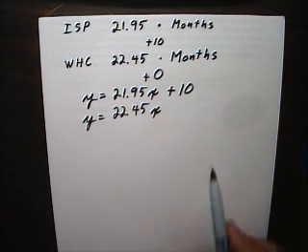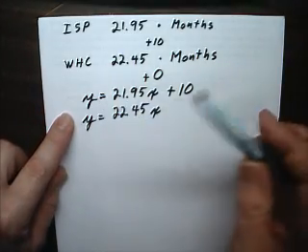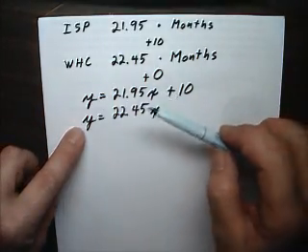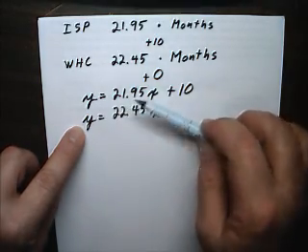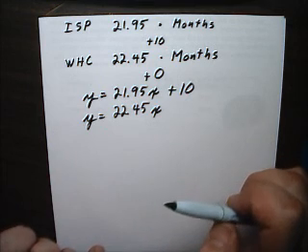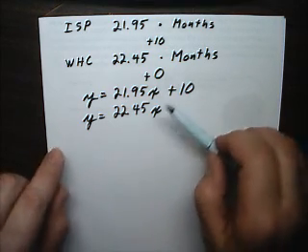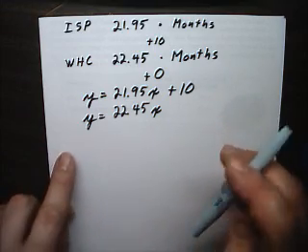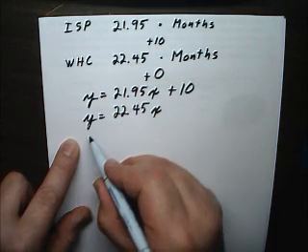And the problem says, when are these two costs exactly the same? So when they're exactly the same, this is equal to this. So I can just set these two equal, solve it for x, and that'll tell me how many months before the two charges are exactly the same. So I'm going to say this is equal to this.